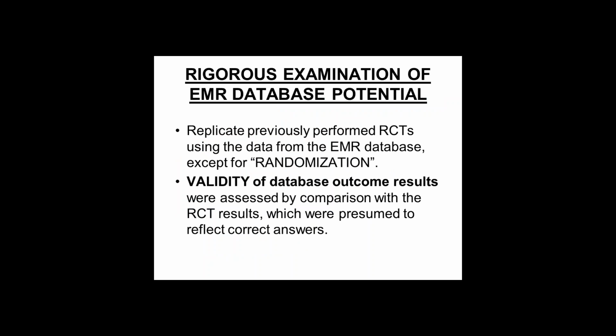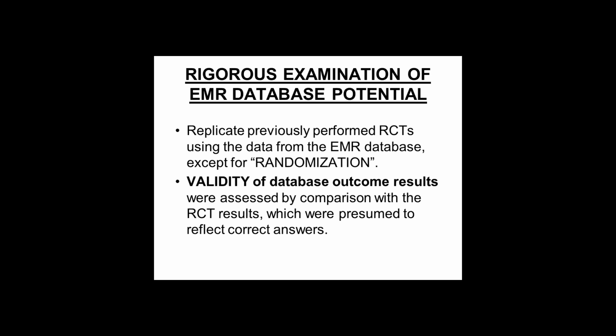We decided we would try to replicate randomized controlled trials that had previously been done and were well accepted. We used the database and replicated the characteristics of the people that were in the treated group in the randomized controlled trial and the same characteristics in the untreated group. And we did everything the same, except we didn't have randomization.